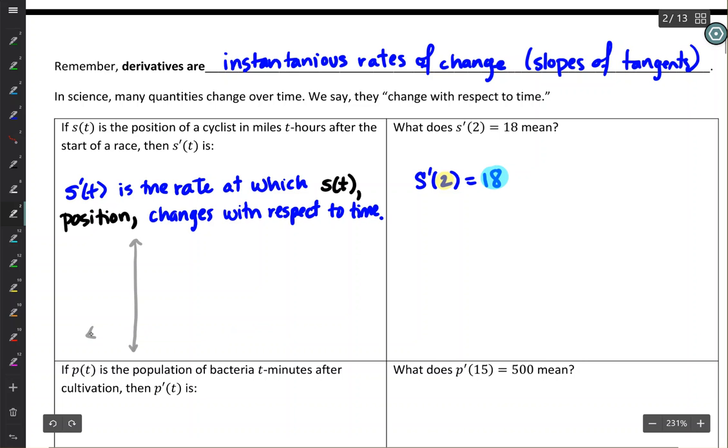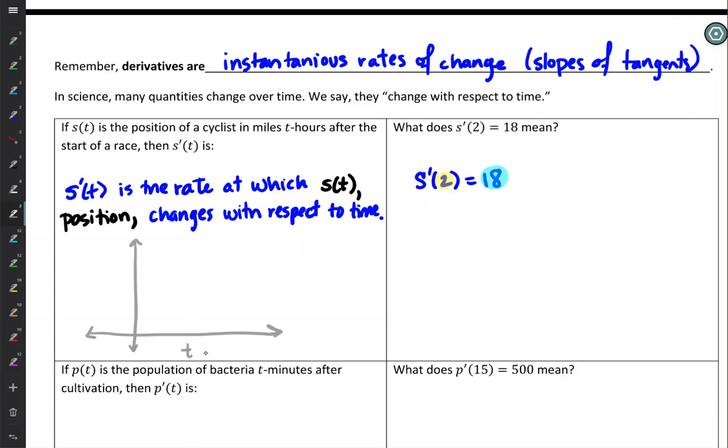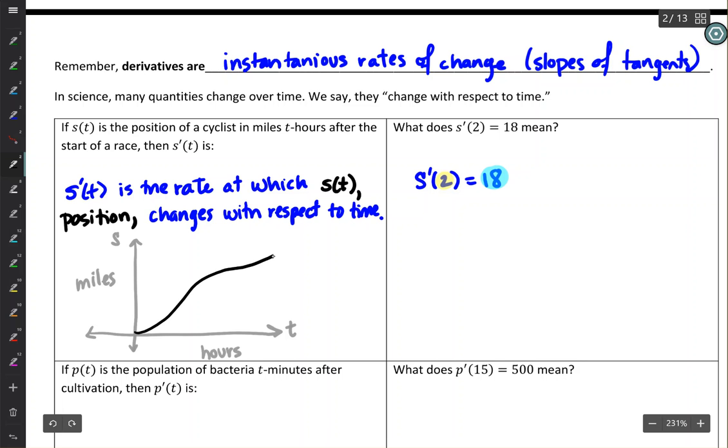So if we want to just give ourselves a little sketch, sorry I can't draw a straight line. Here are my time units, and we did time in hours. And here are my S units. We could do this, S versus t. My S units are in miles. Maybe my position function looks something like this.